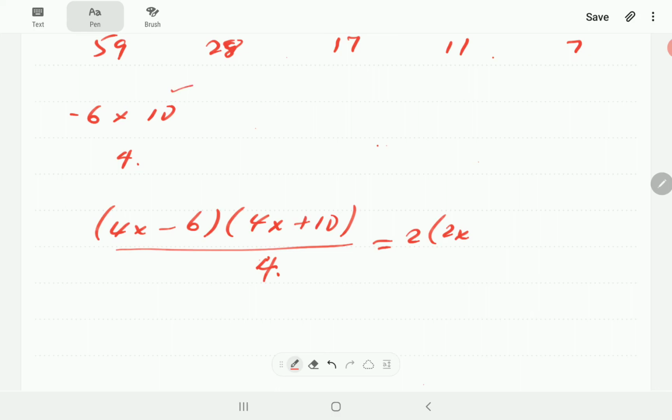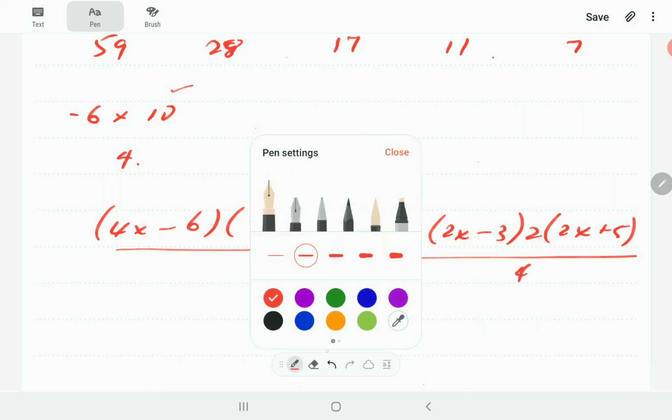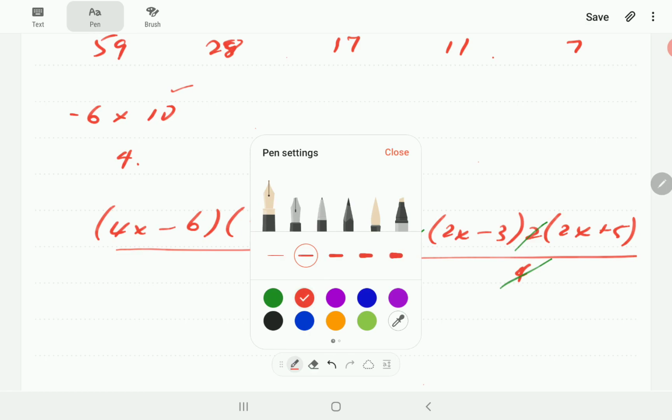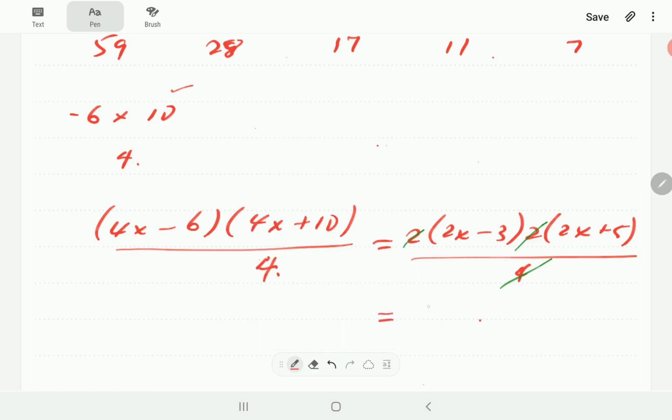So it's going to be 2x minus 3, and then 2 is common as well in the second set of brackets. It's going to be 2x plus 5 all over 4. So the 2 and 2 in the numerator cancel out the 4 in the denominator, which means our final expression is 2x minus 3 times 2x plus 5.